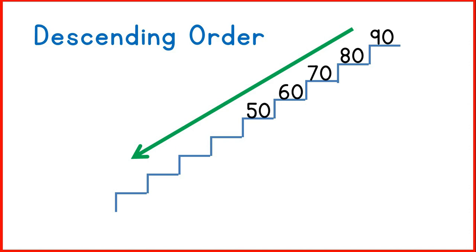Yes. What 10 comes before 50? 40. What 10 comes before 40? 30. What 10 comes before 30? 20. And what 10 comes before 20? 10. Yes, you are right. This is called descending order. 90, 80, 70, 60, 50, 40, 30, 20 and 10.